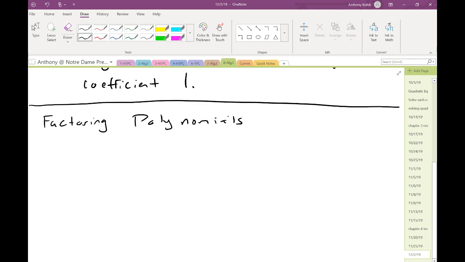Just as a heads up, we'll spend more than a couple days here on this topic, as it's a big one, and I think it builds on something that we had a little bit of a hard time with earlier, which was solving quadratics and factoring quadratics, because it's very similar to that process. And some of the processes are actually the same process or a modification of the same process. So it's a good chance to come back and review those skills that were a little shaky for some of us.